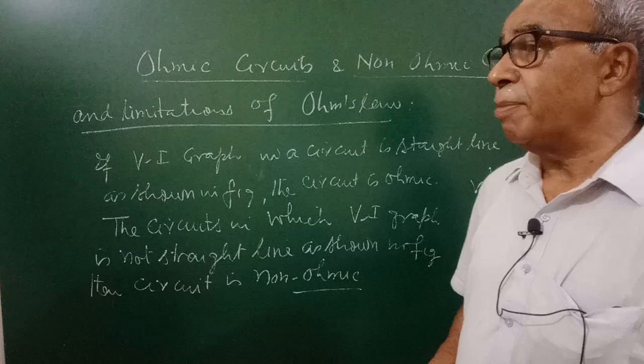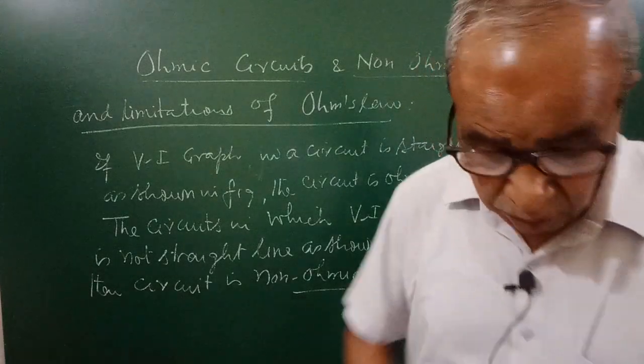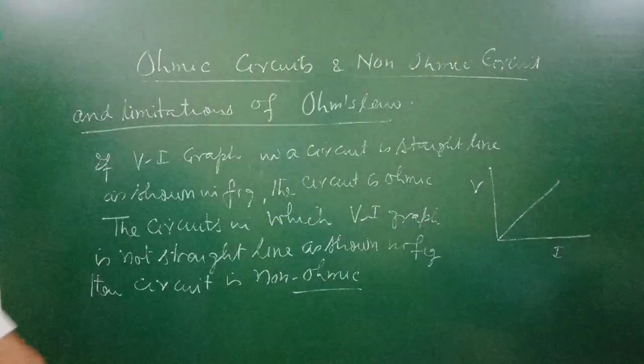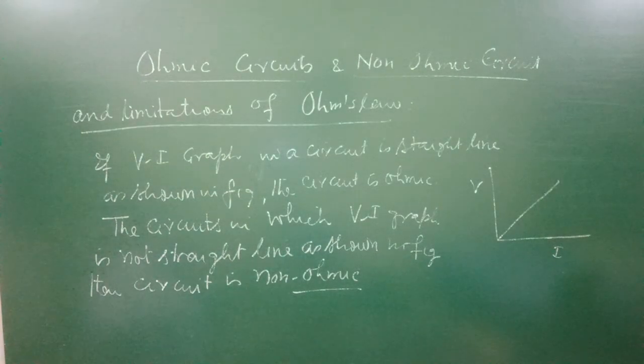But if the VI graph is not a straight line, then the circuit is non-ohmic.